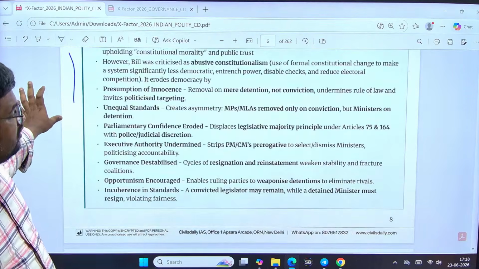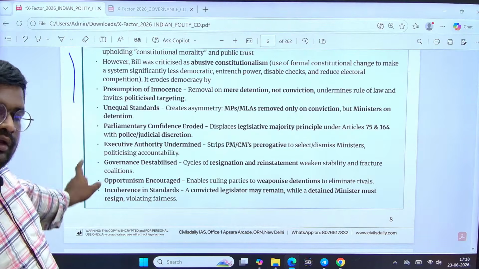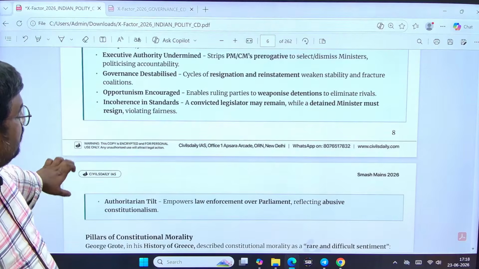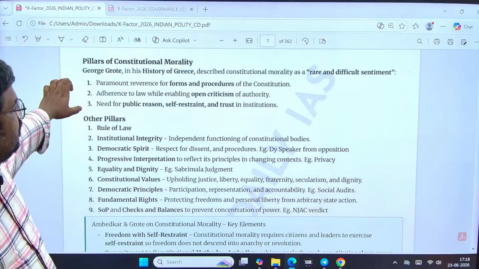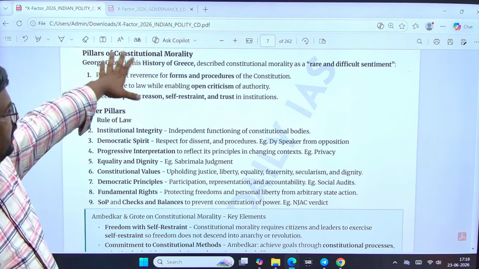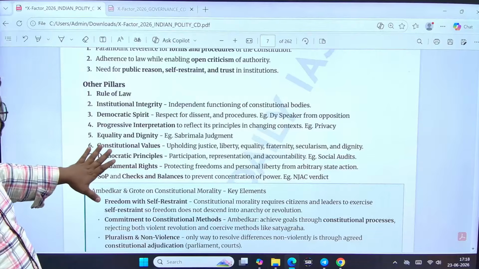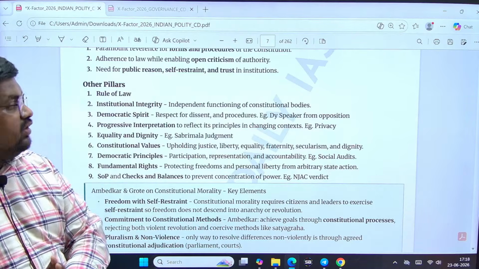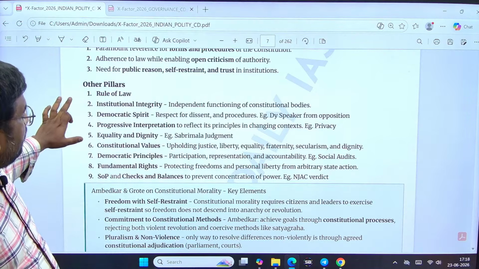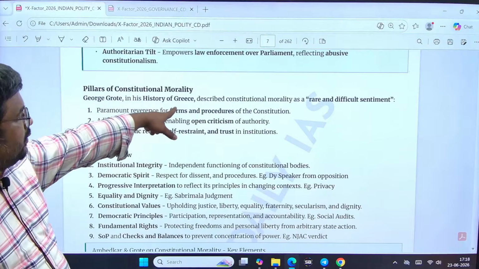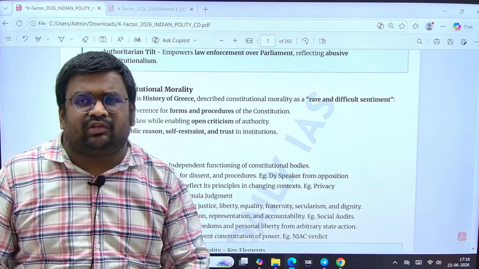So it's not just about the static, but even the current affairs related to the static themes. Okay, again, pillars of constitutional morality, while others are going to write these rule of law, institutional integrity, etc. But here also you will be bringing the X factor.